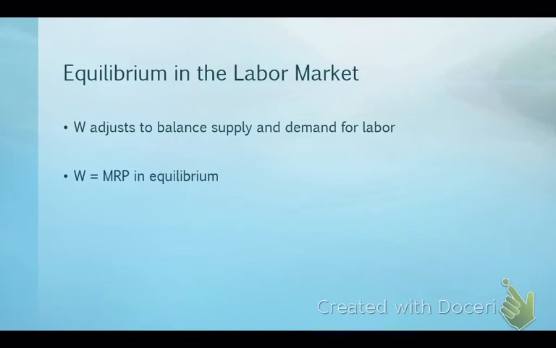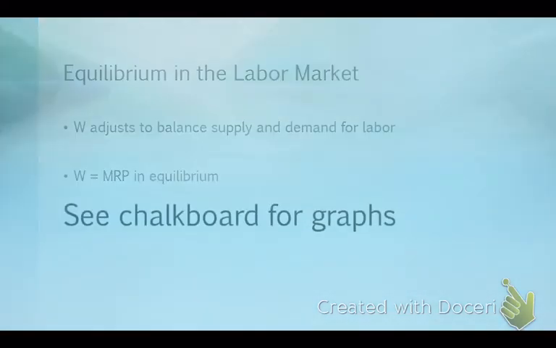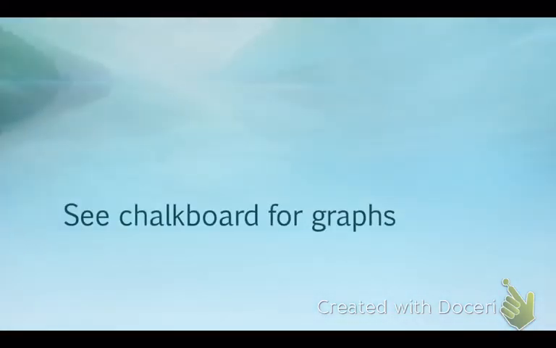We've got it right up here. Wage equals MRP in equilibrium. As this curve shifts, the wage is going to go up or down, right? All right, so let's look at some examples.